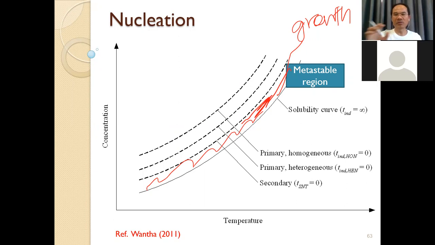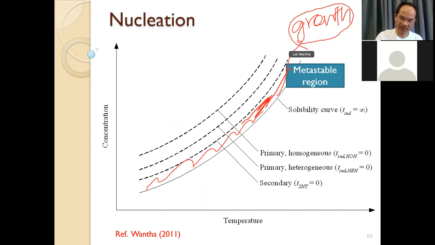If you control the mixer and the flow rate, you can eliminate the secondary nucleation. We can eliminate the secondary nucleation if you operate at the optimum condition, like good mixing, good flow, and operate only for growth. Because with growth, we would like to control the size of the crystal.